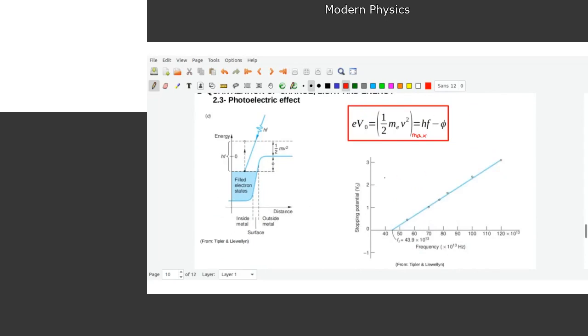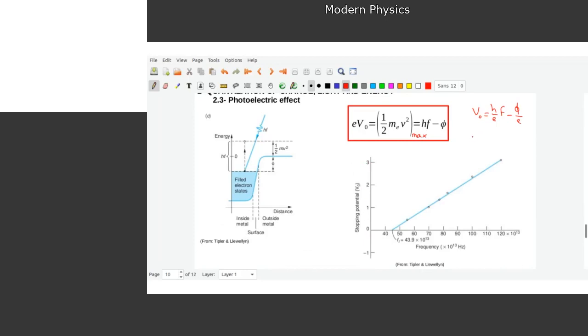If you draw the stopping potential V0, you have this equation, eV0 equals hf minus phi. So V0 can be written as h over e times f, minus phi over e. This has some unit, which is joule, an energy.